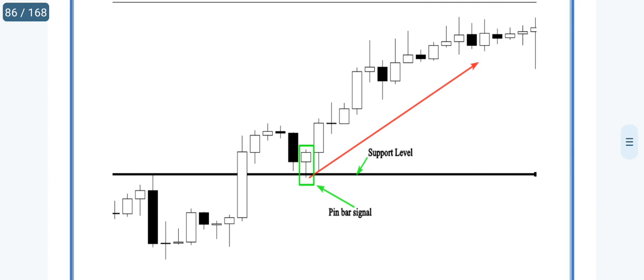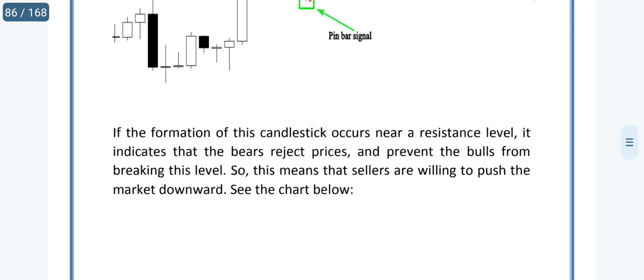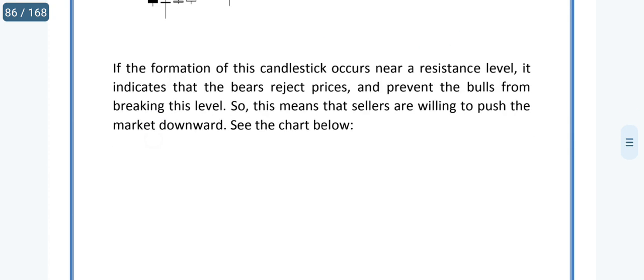It means that at that time the buyers are the ones in control of the market. So if the formation of this candlestick occurs near a resistance level, it indicates that the sellers reject the prices and prevent the bulls from breaking this level.